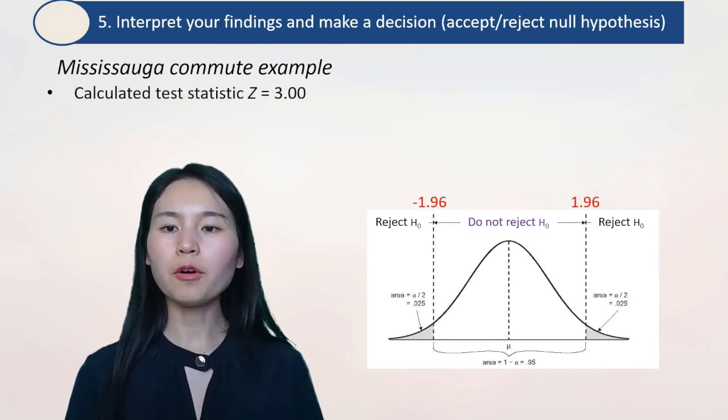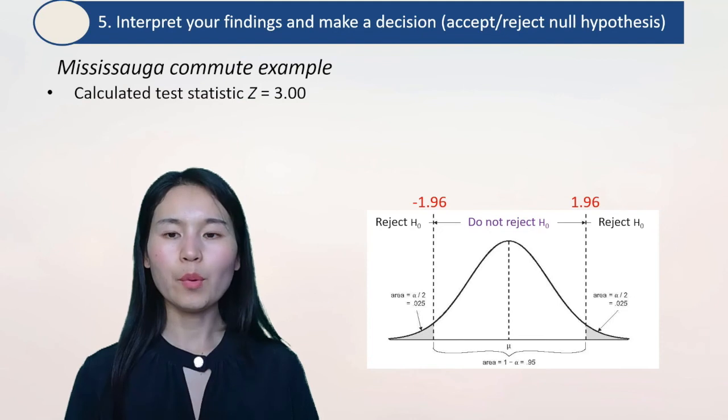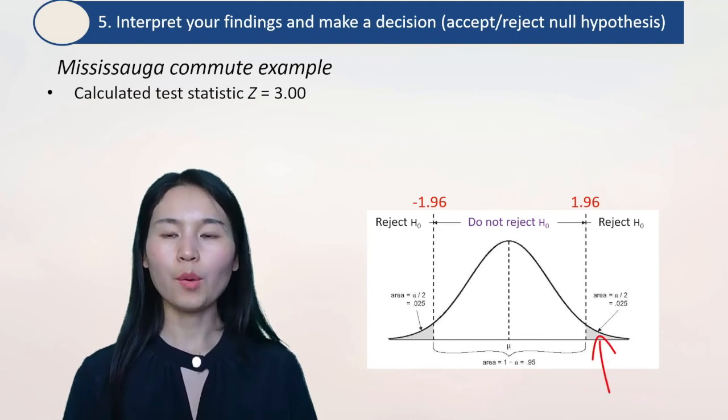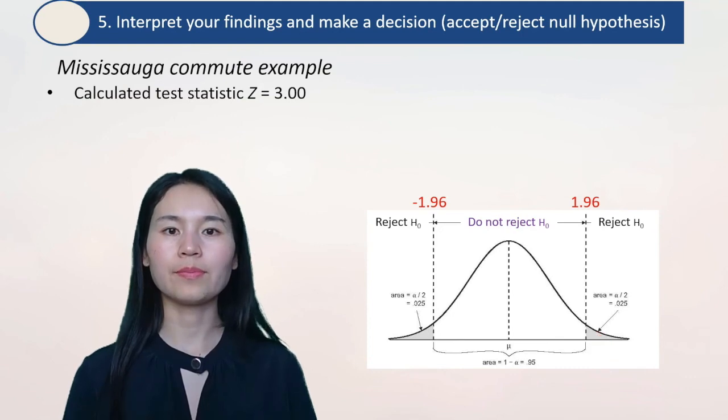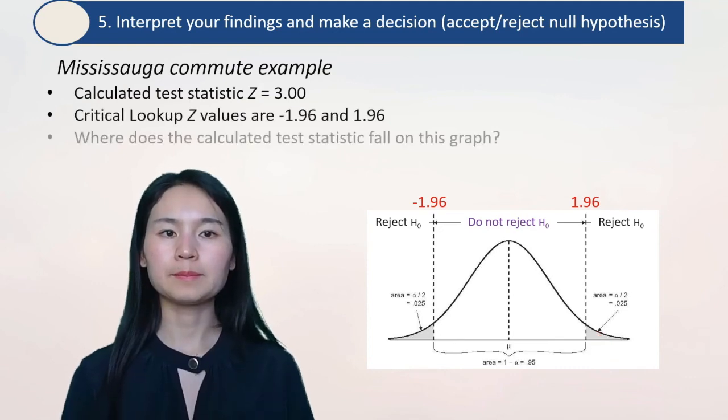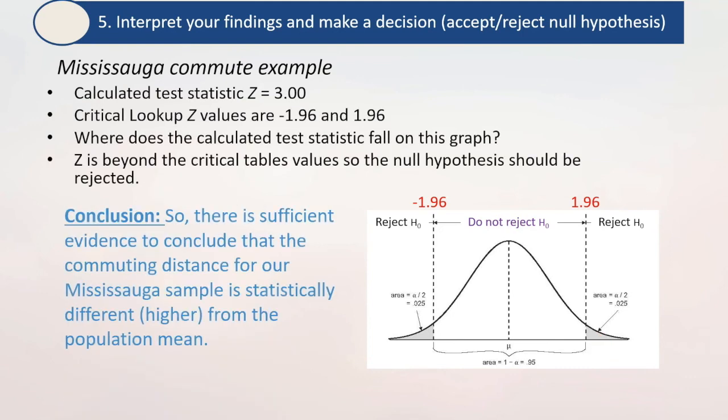So it will fall around here, within the shaded area, which means we reject the null hypothesis. So the conclusion is that there is sufficient evidence to conclude that the commuting distance for our Mississauga sample is statistically different from the population mean.